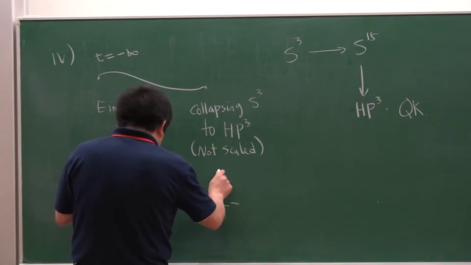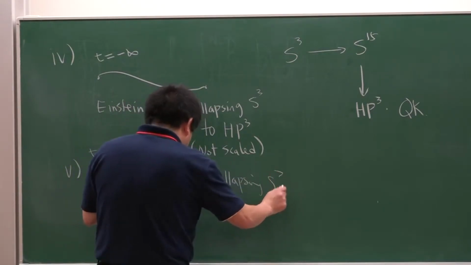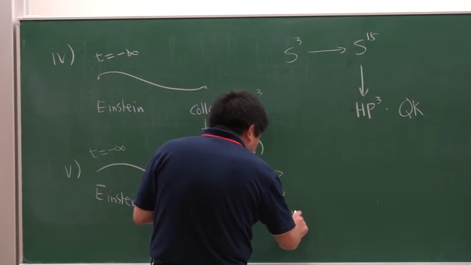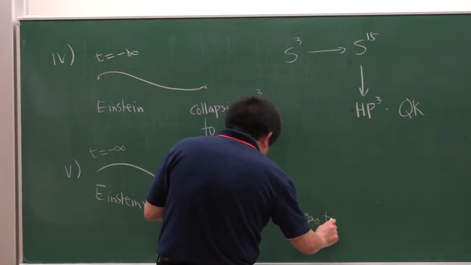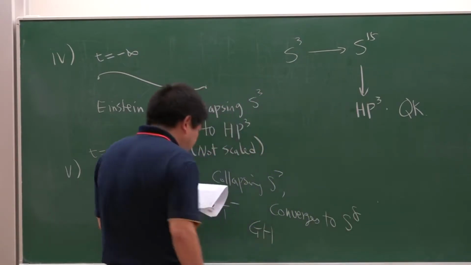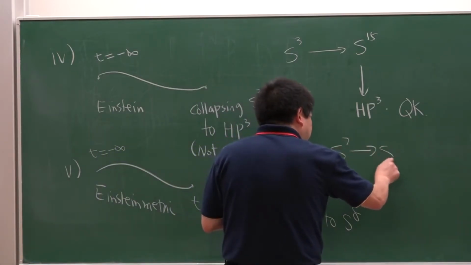In this case, you are collapsing S7, and eventually the manifold converges to round S8. This is in the Gromov-Hausdorff topology. So it cannot be smooth. So you exploit this fibration structure.